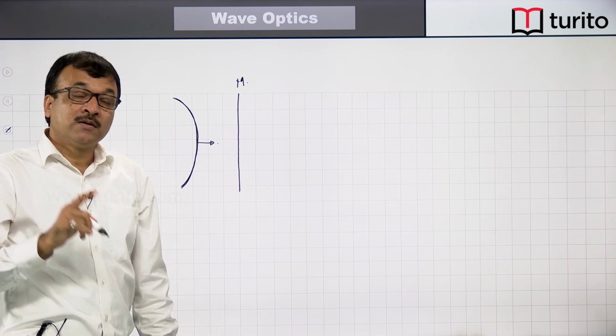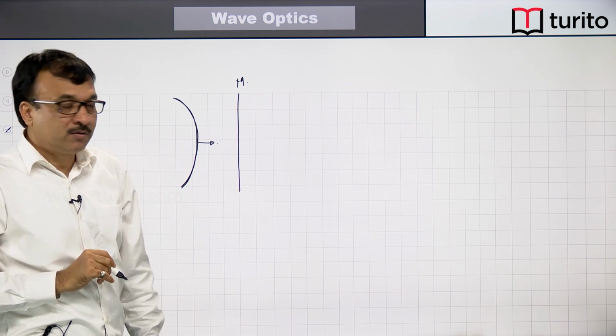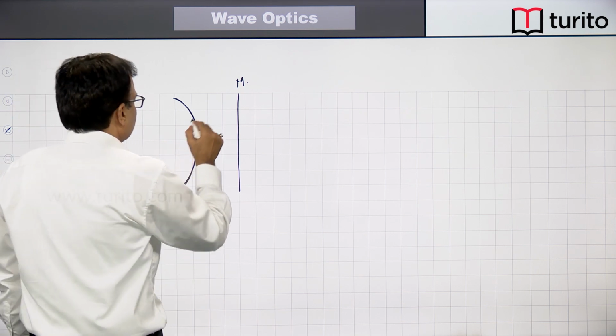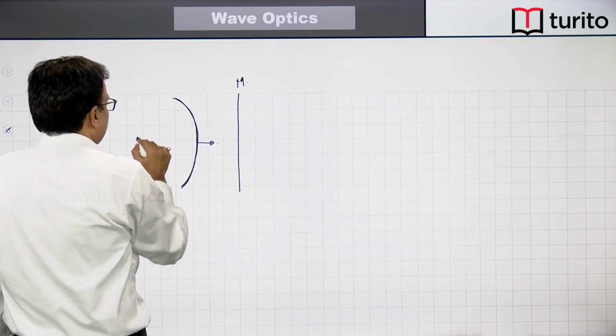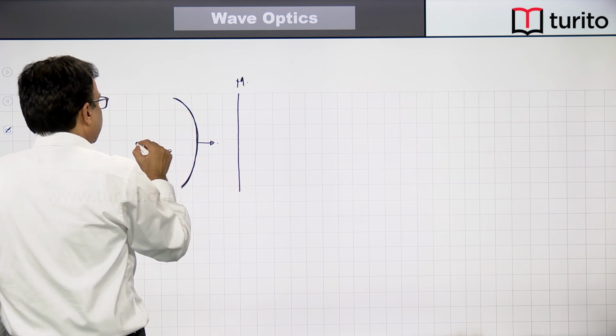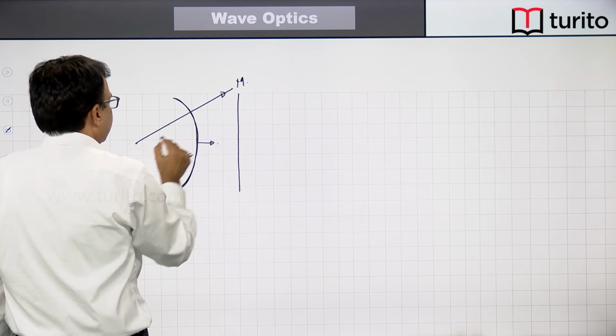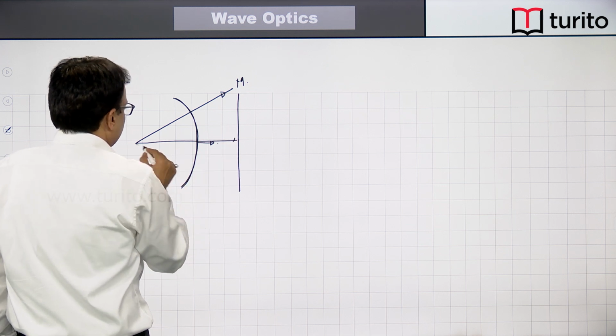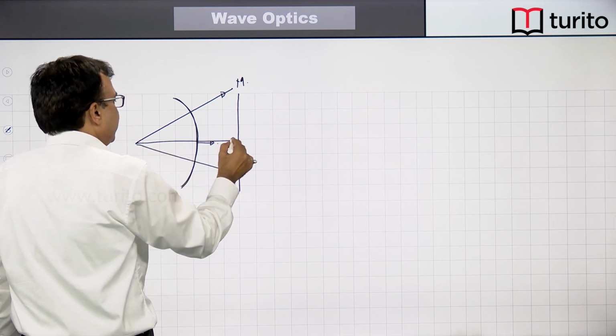Waves are perpendicular to the wavefront, and suppose this is the center of curvature of the wavefront, then the waves are like this, diverging waves.